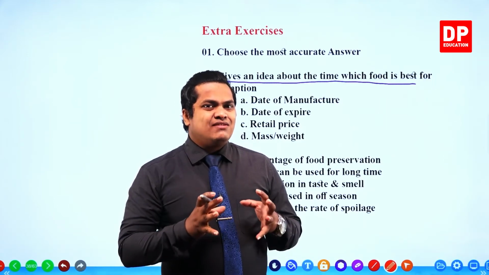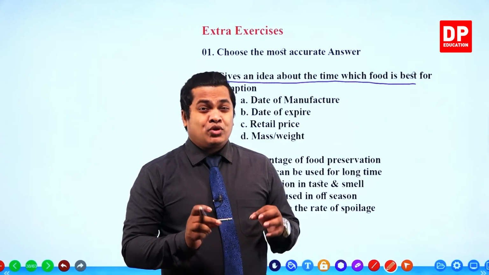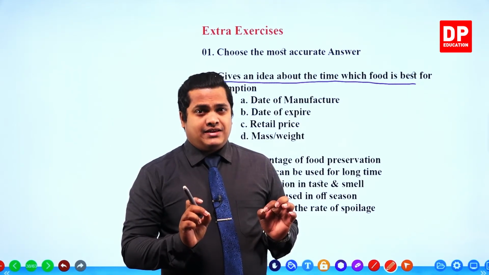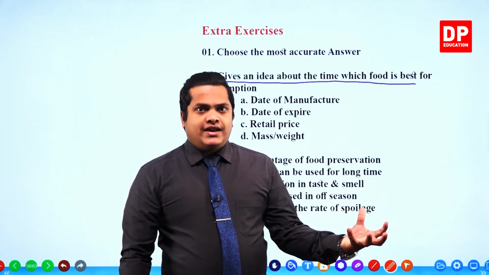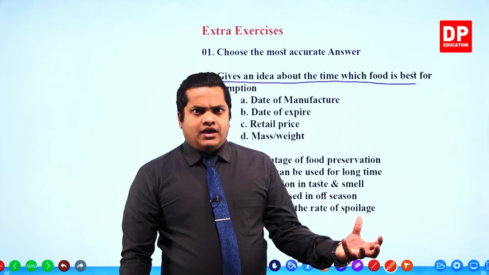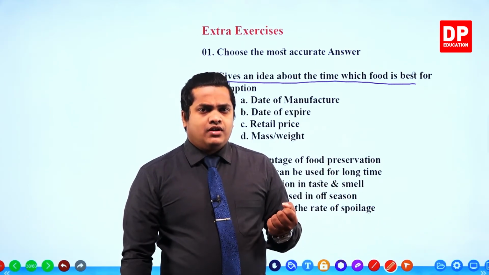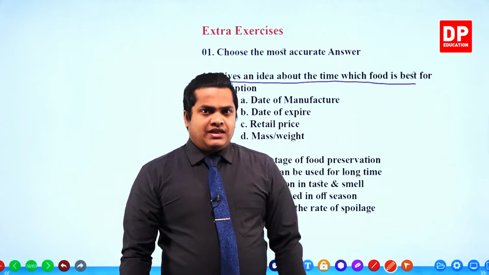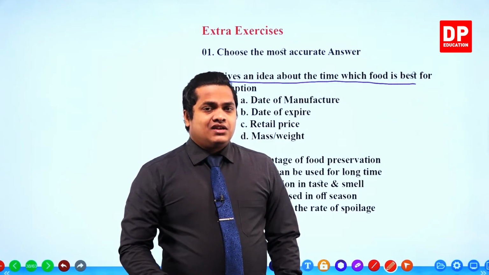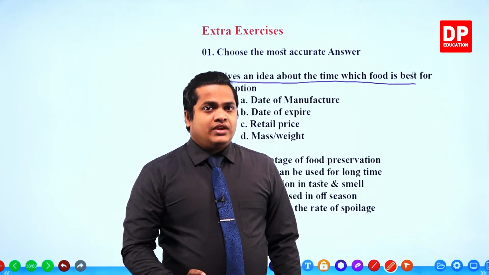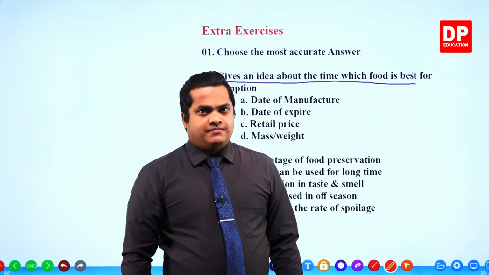By using the manufacturer date, my dear children, we can get an idea, but up to a certain level only. We know the manufacturing date and that is okay. But however, the expiry date should be there in order to get an idea about the certain time period which we can consume that food item.